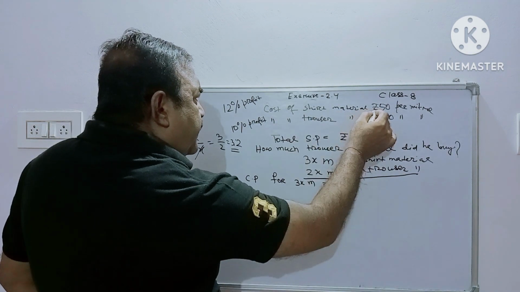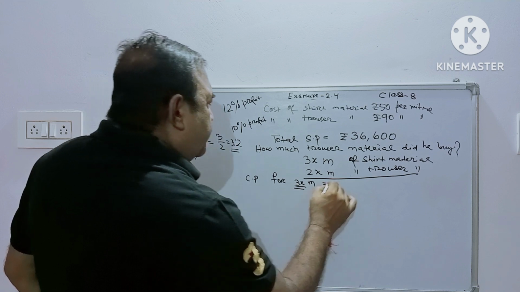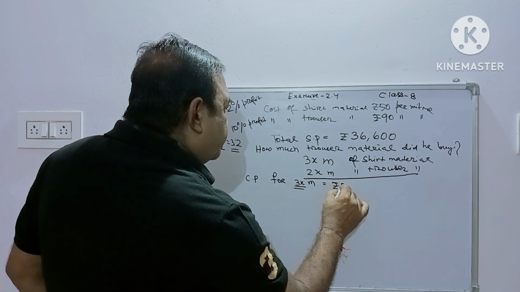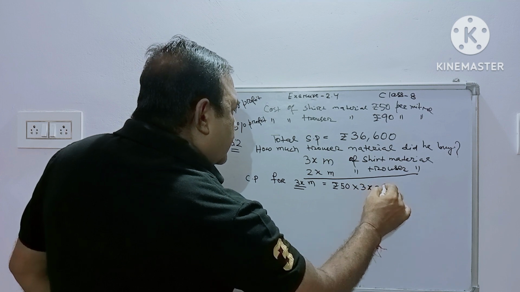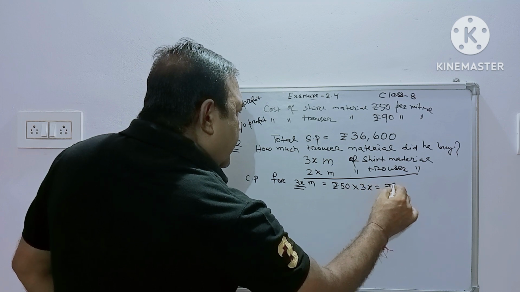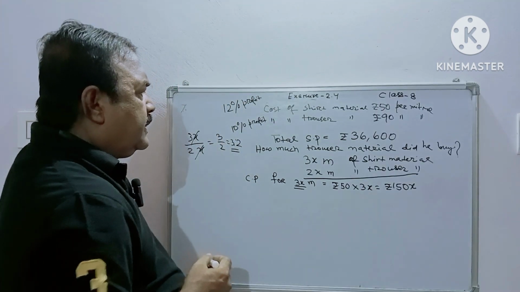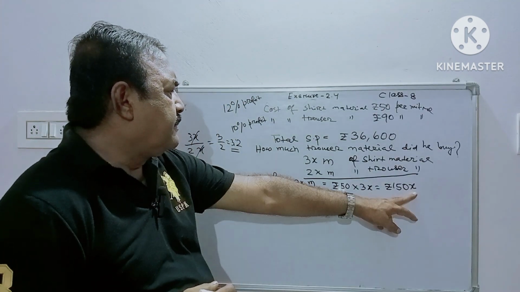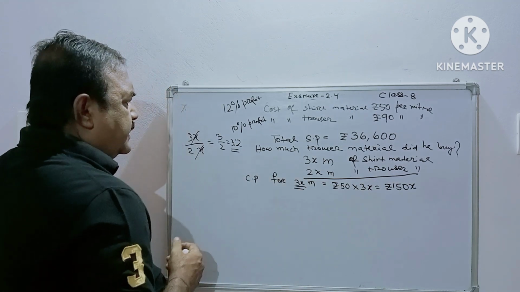Per 1 meter, if the cost is 50 rupees, for 3x meter that will be rupees 50 into 3x, that is equal to rupees 150x. This is the cost price at which he has brought it.